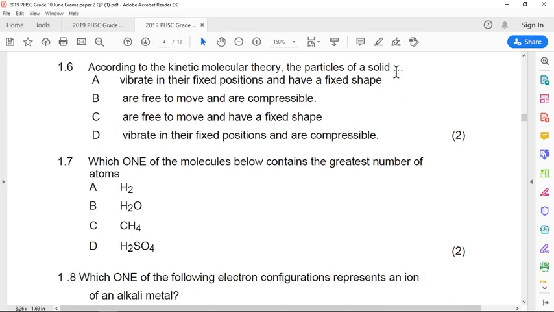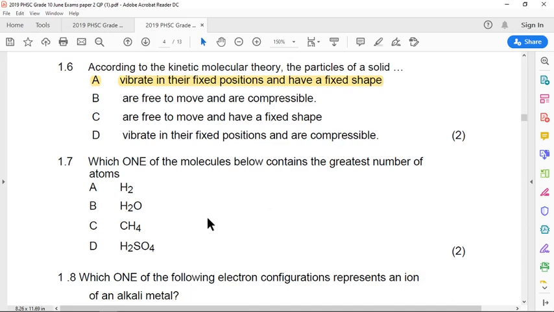No, solids are not compressible. They have a fixed shape. So number C almost sounds like a liquid. But remember that number C takes the shape of the container. It's not a fixed shape if you're a liquid. So this one has to be A. They are vibrating, and a solid has a fixed shape. You can't squash a solid.